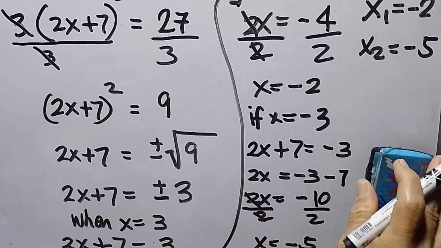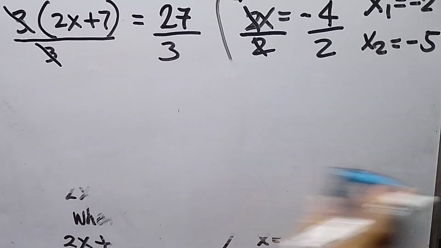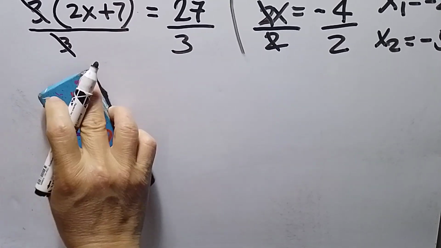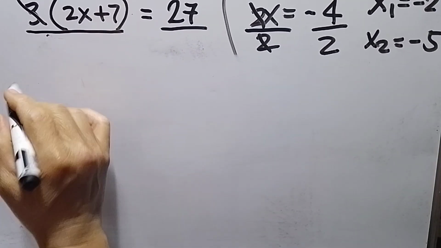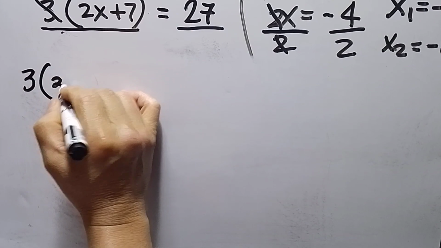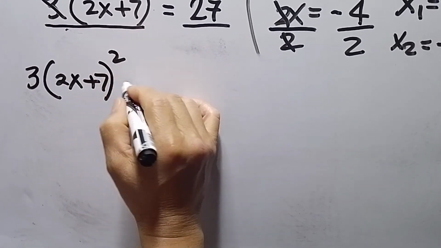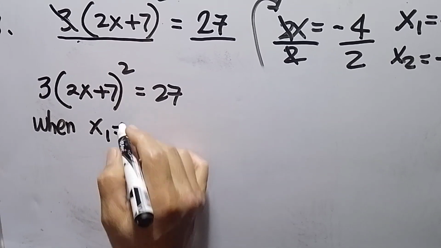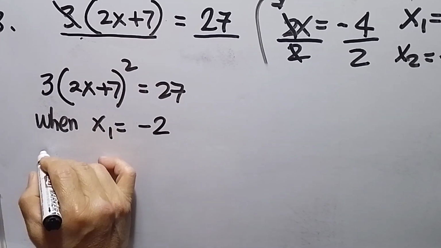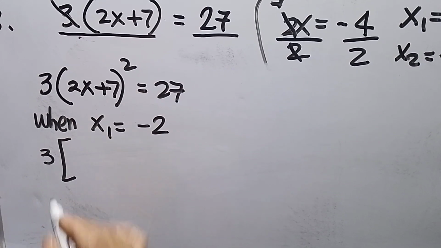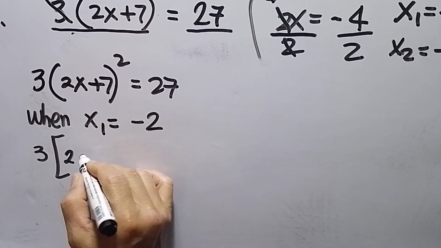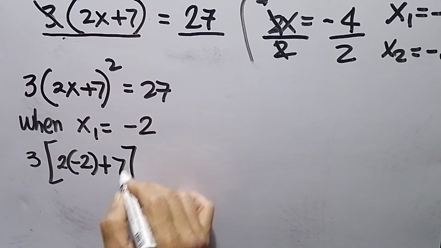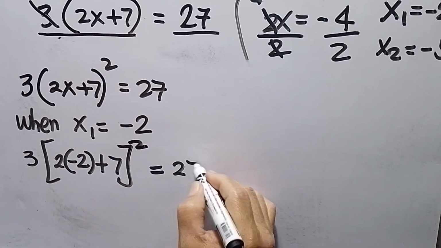Now let us check this one by using the given equation. So the given equation is 3, 2x plus 7 squared is equals to 27. When x1 is equal to negative 2, so this will be 3 square brackets, 2 times negative 2 plus 7 squared is equal to 27.